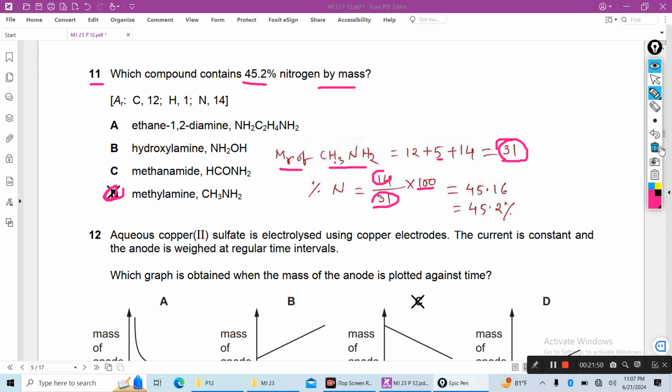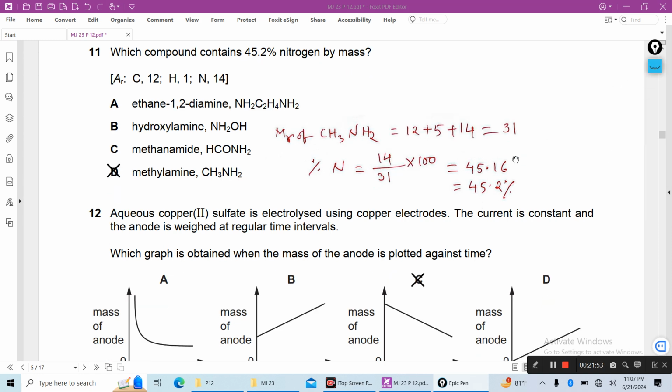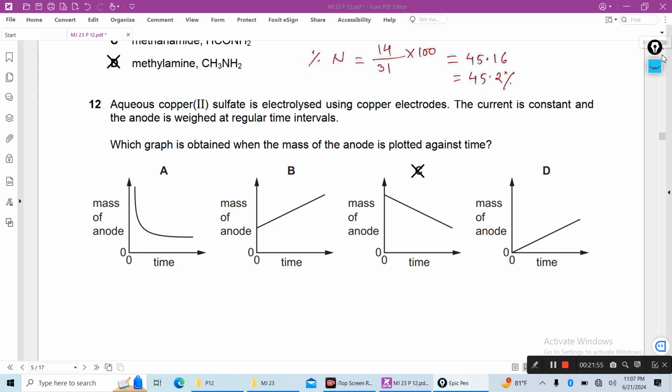Next, aqueous copper(II) sulfate is electrolyzed using copper electrodes.